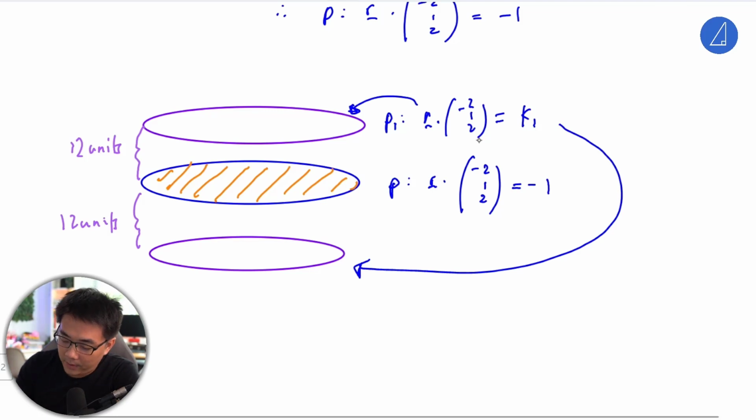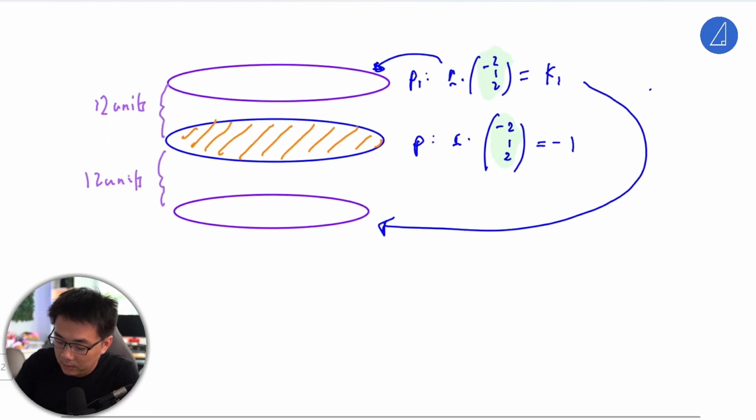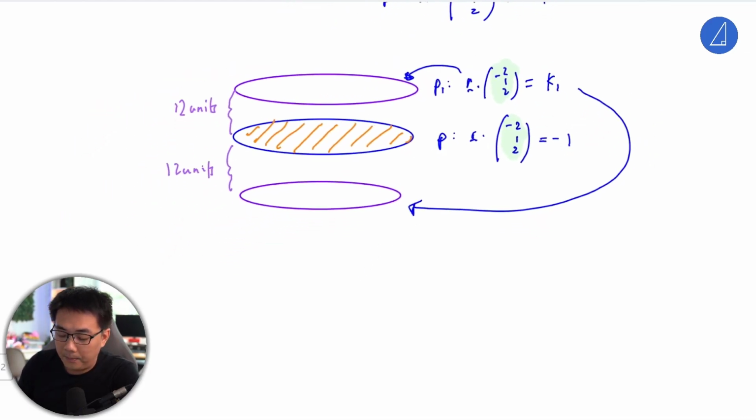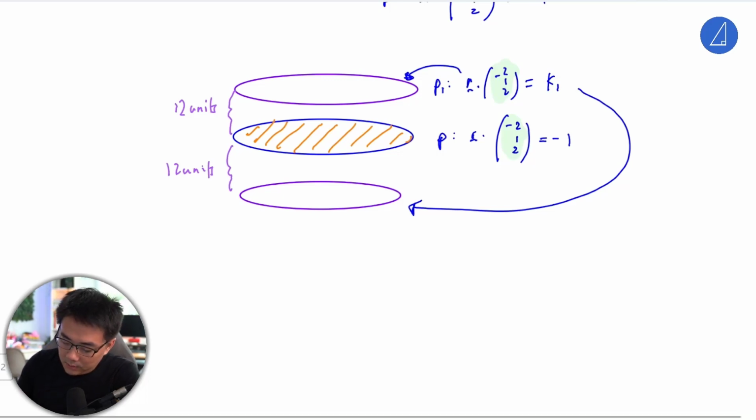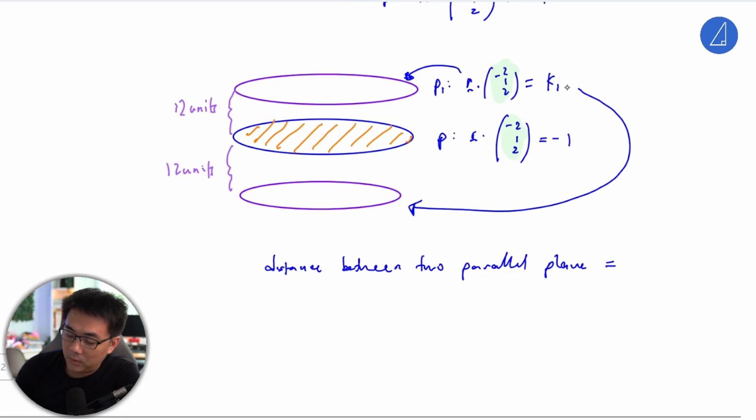Because they are parallel to each other. The distance between two parallel planes, you can just use the distance formula between two parallel planes, which is equal to this scalar.